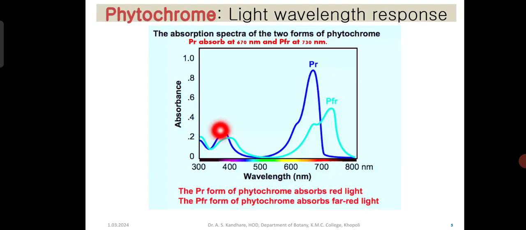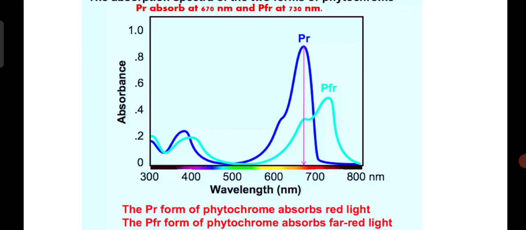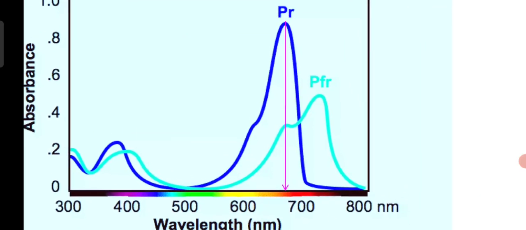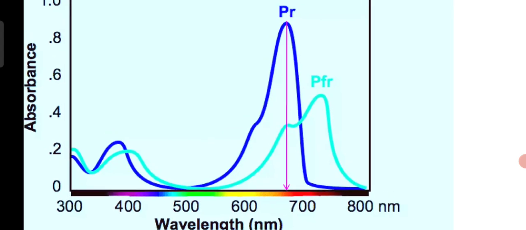So this graph indicates these wavelengths and their absorption by the phytochrome. Here you can see the peak of this absorption, approximately in between 600 and 700 nanometers.